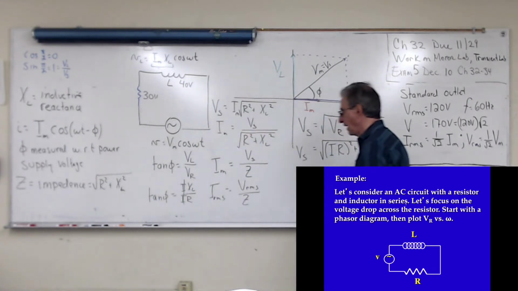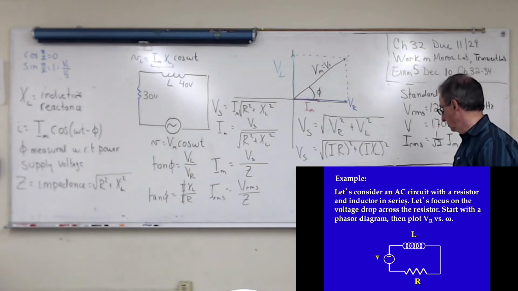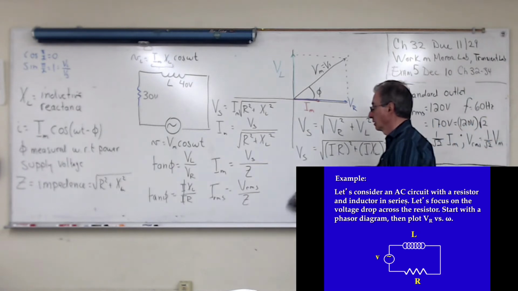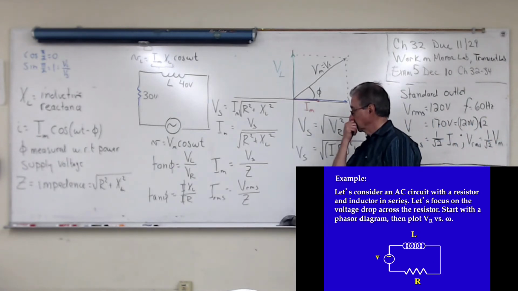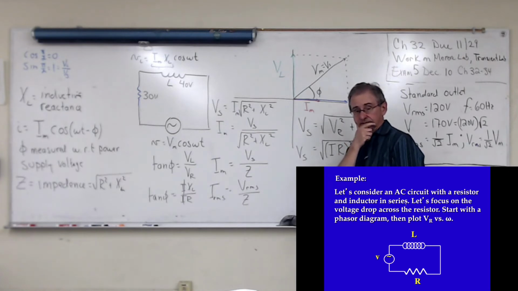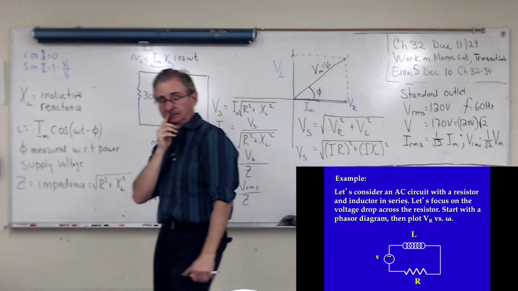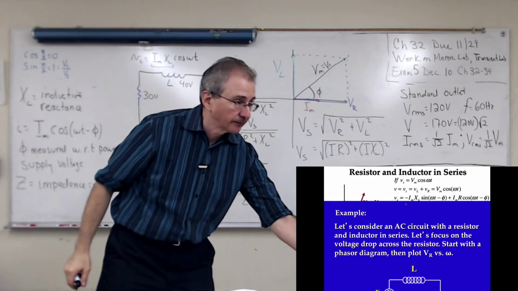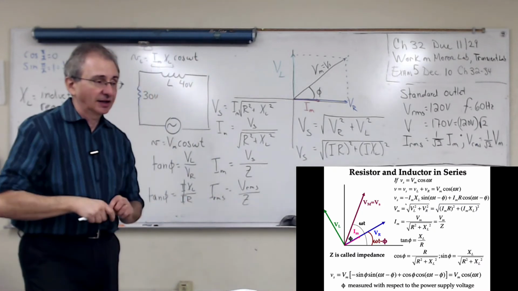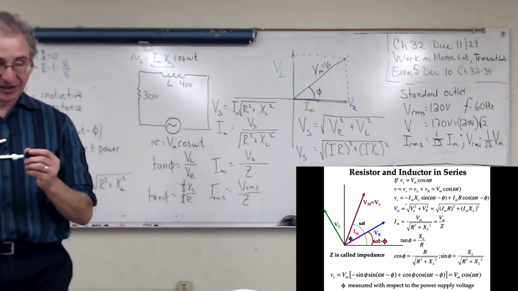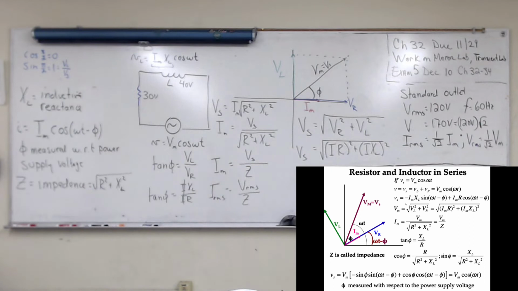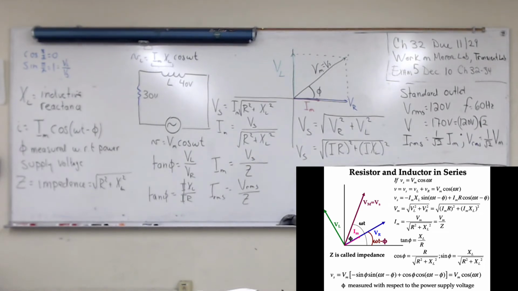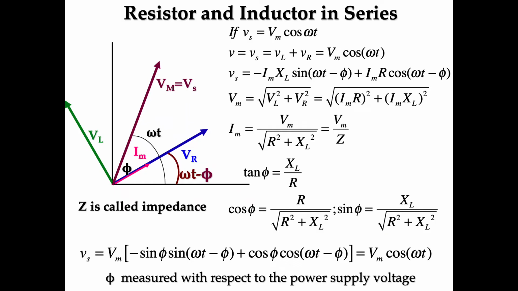So tangent of phi is just X sub L over R. I have everything summarized in this figure. Let me blow up the figure. Everything about that circuit is summarized here.